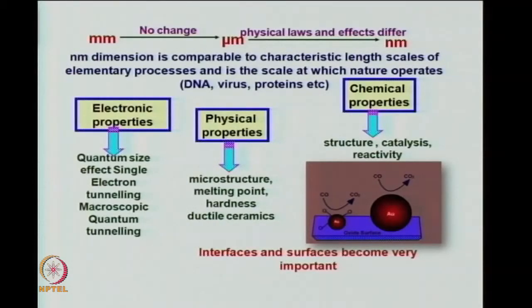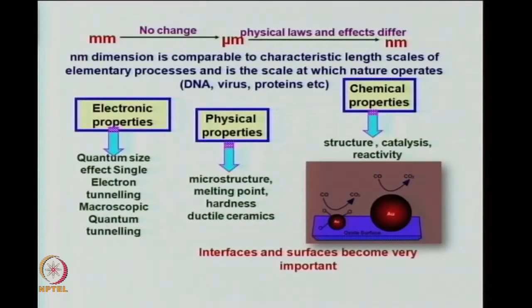However, as you go from the micrometer size to the nanometer size, you are entering the quantum region, and so the laws of physics and the effects differ considerably. Apart from this, many of the biological molecules fall in the nanometer length scale, and hence the size dependence of the biological properties are also important.